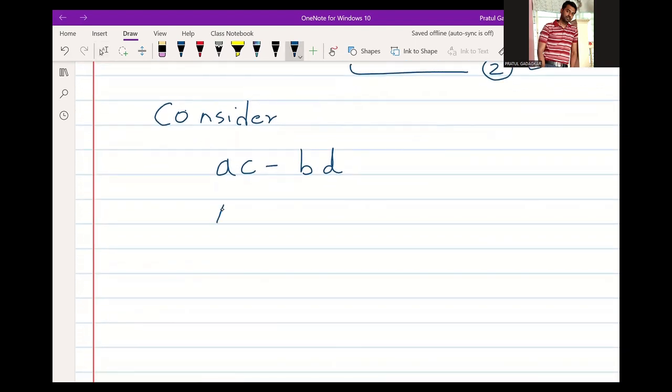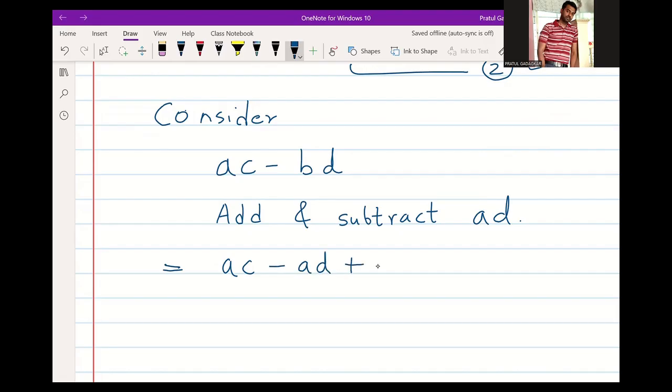We will add and subtract AD in the above expression. So it means AC minus AD plus AD minus BD.